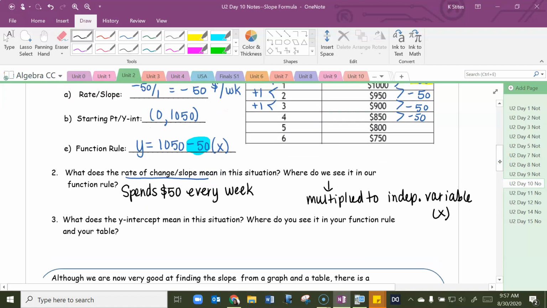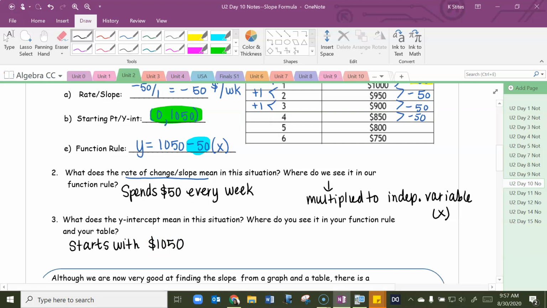And then what does the y-intercept mean in this situation? Where do we see it in our function rule and your table? Well, our y-intercept was 0 comma 1050, or 1050, and we should know that is our starting amount of money, or starts with $1,050. And where do you see it in your function rule or in your table?